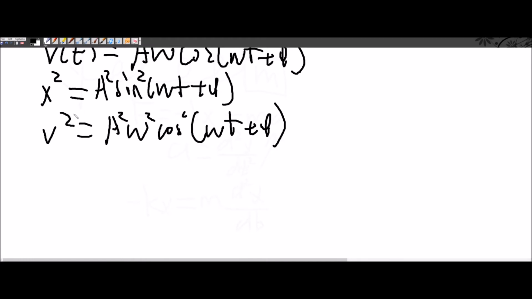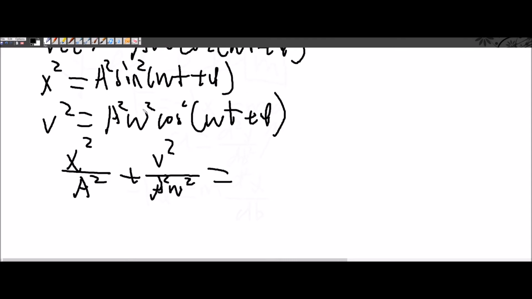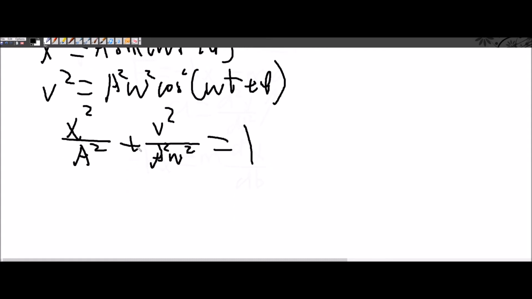So now we add these together, but first we divide by A squared and A squared omega squared. So you get x squared over A squared plus v squared divided by A squared omega squared. It's just going to be equal to 1, because you get sine squared of omega t plus phi plus cosine squared of omega t plus phi, which is equal to 1 by our trig identities.